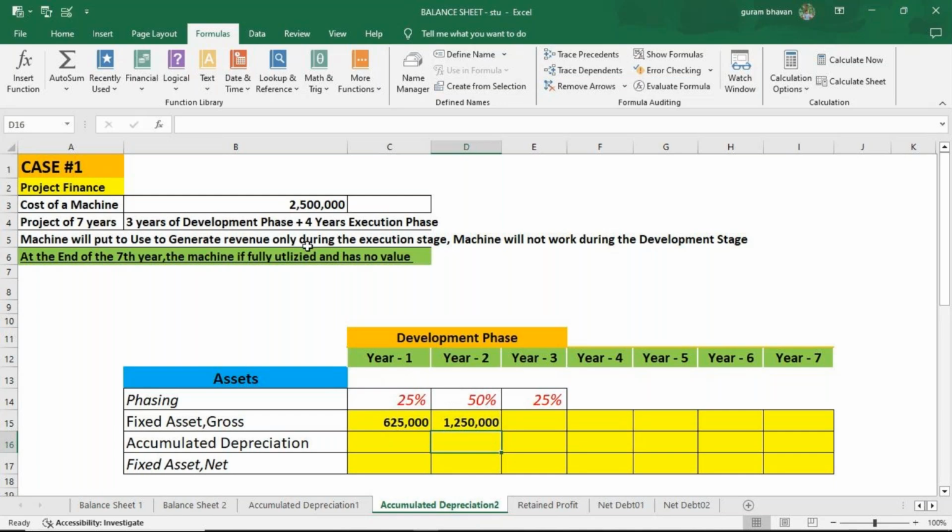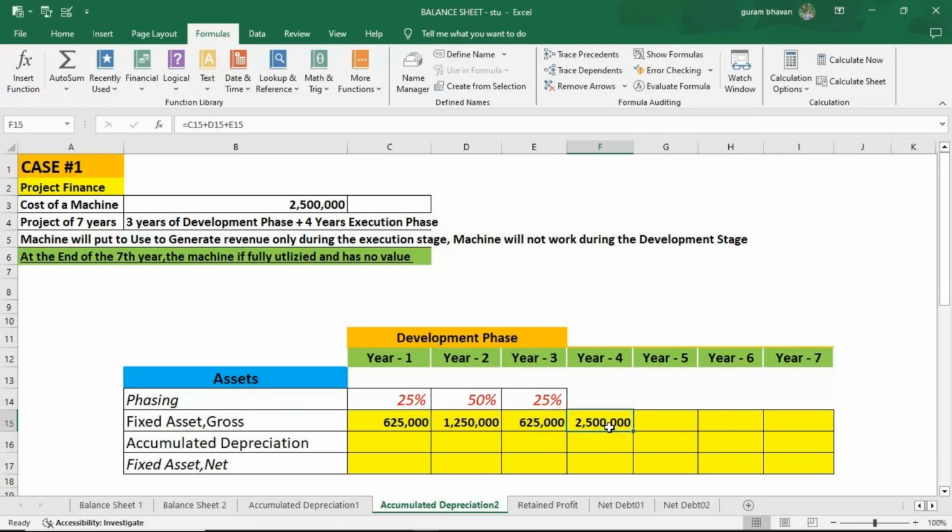So out of 25 lakh, in the second year I have made the payment of 12 lakh 50,000. In the third year, 25 lakh into 25%. Now in the fourth year, the actual value of the machinery should come into the picture. So what I'll do is equals the first year value, the second year value, the third year value.